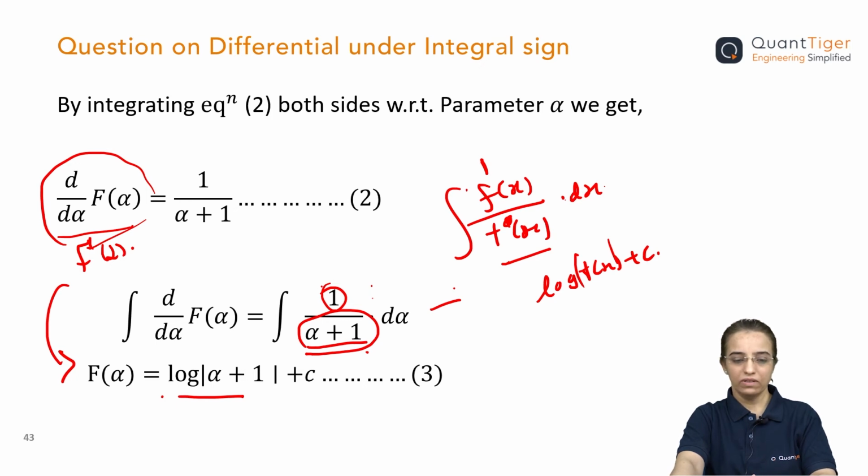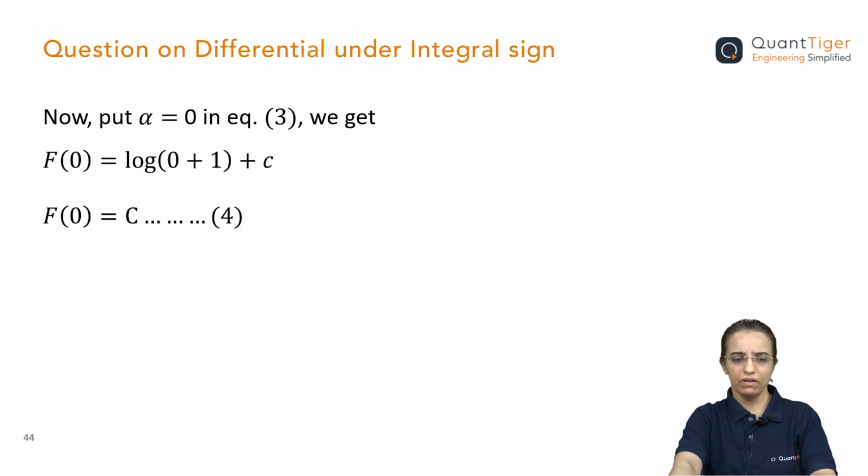Now we have the f of alpha value, along with the c value. So our next thing will be to find the value of c, so that we can substitute it and find the proper value of f of alpha.